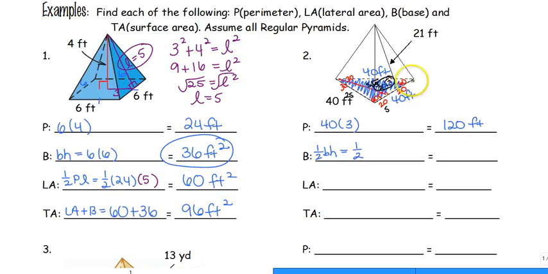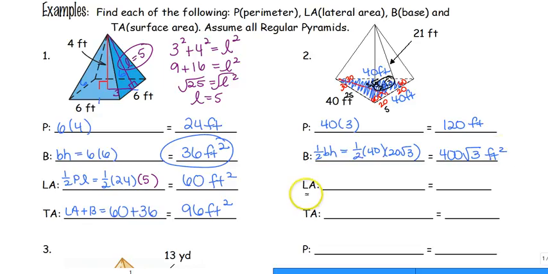I dropped my altitude this way, so that base is going to be 40 times the height of the triangle, which is going to be 20 root 3. We still want an exact answer, so we take half of 40, which is 20. 20 times 20 is going to give us 400 root 3 feet squared as the area of our base.